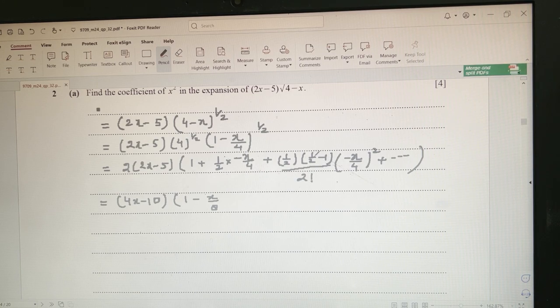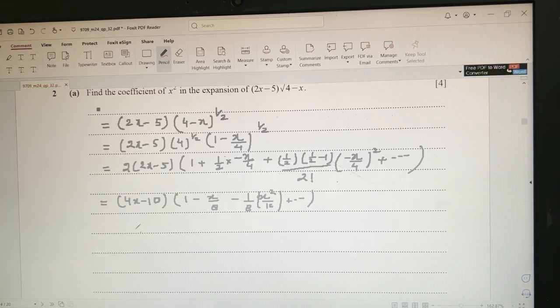So minus 1 over 4 and 2 from the denominator, so it will become negative 1 over 8 into minus x upon 4 whole square will become x square upon 16.